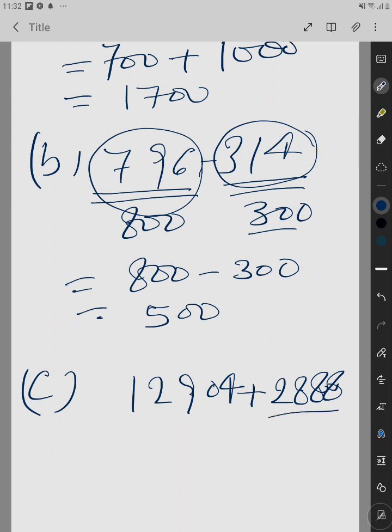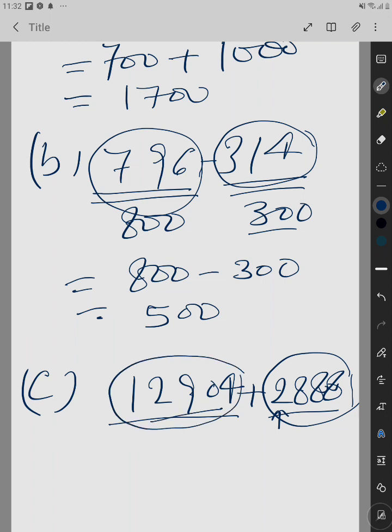Here we have thousands, so we will consider the nearest of the number of digits to that only. Means here there is 2000, so we'll go for the nearest 1000 for this also. As it has 4 digits also, but we will not go for the nearest 10,000 or something like that. We'll go for the nearest 1000.